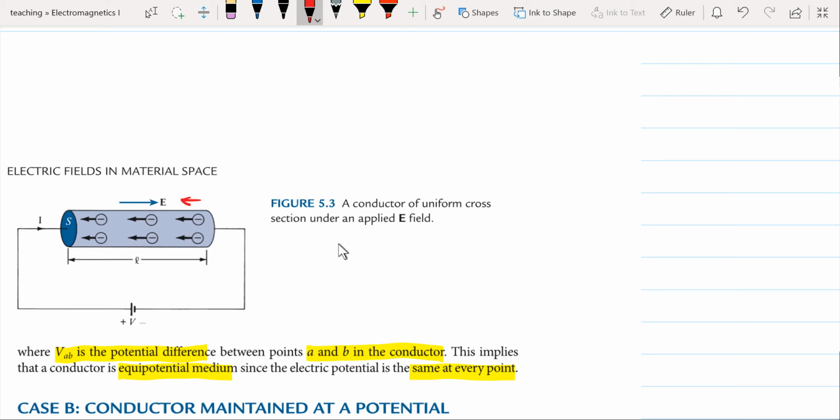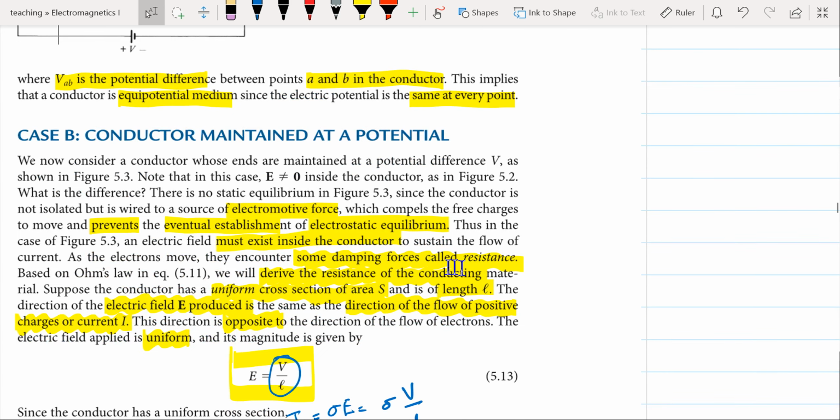We see it is the positive charges that give direction to the electric field, and therefore electrons move against the field. And as they are moving from point A to point B in the field, they are going to experience some resistance, the one that we are referring to as the damping. They are going to experience some damping forces that we characterize as resistance of the conductor.